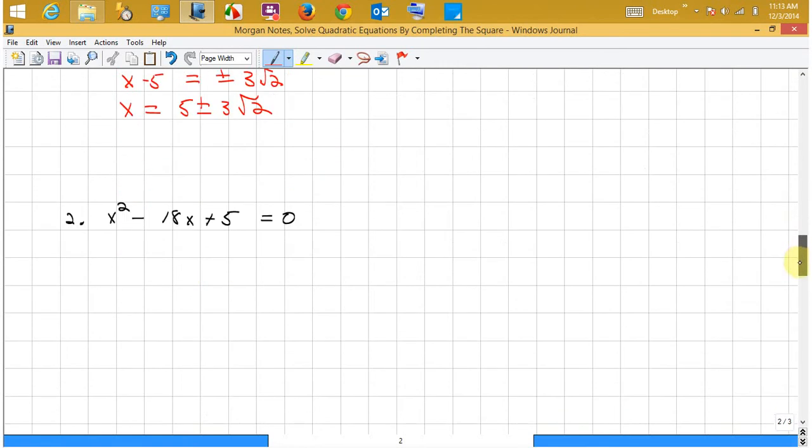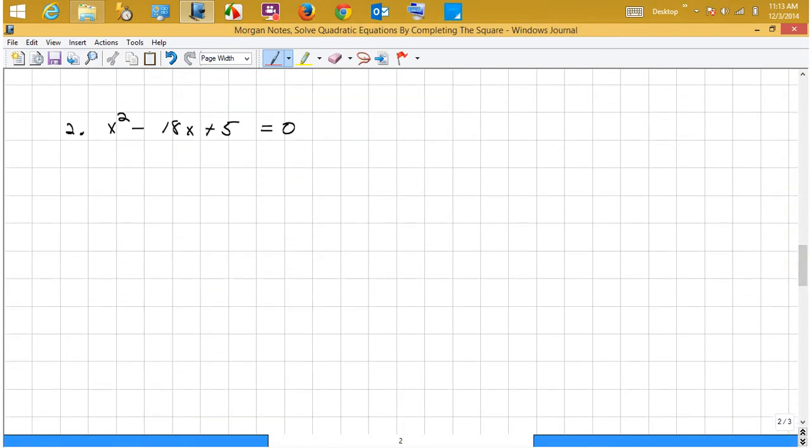Let's try that again, a different problem. First step I'm going to do is to move the 5 over. Now I'm going to add some value to both sides. It's going to create a perfect square. And that value is going to be half of 18 squared. Well, half of 18 is a negative 9.